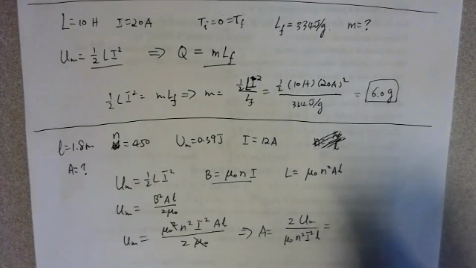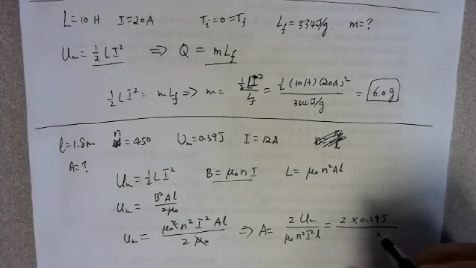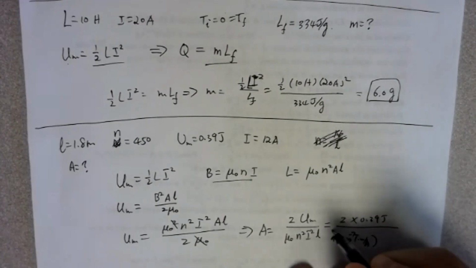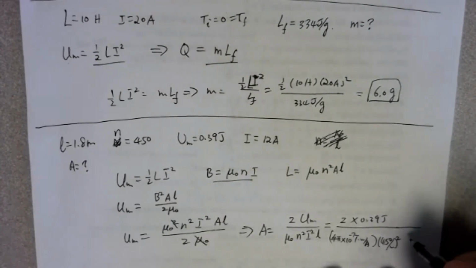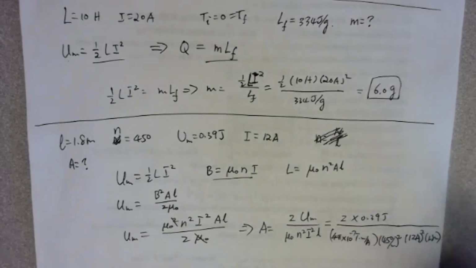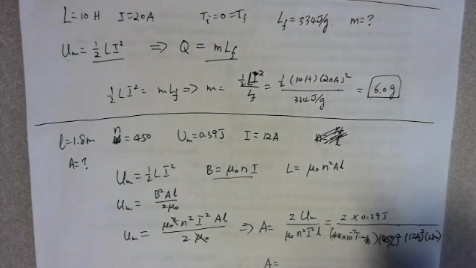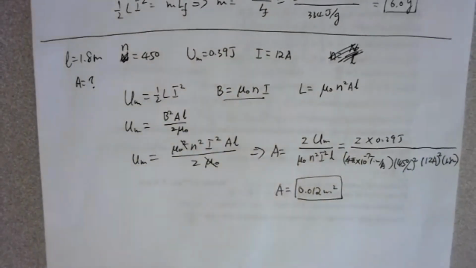So 2 times 0.39 joules over mu naught, which is 4 pi times 10 to the minus 7 tesla meters per amp, and 450 per meter squared, times I, 12 amps squared, times 1.8 meters. Everything comes down to 0.012 meters squared. So that's the area of the cross section of the solenoid.